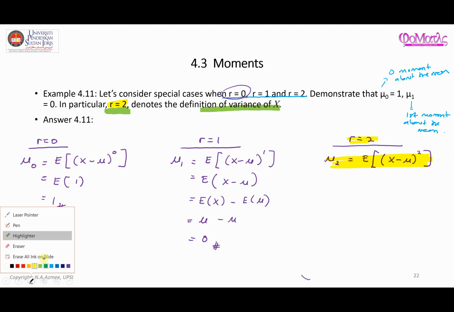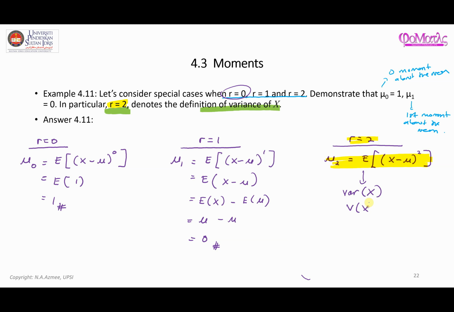We will look at that later on, so don't worry about it right now. This is the formula for finding the variance of x, or Vx, the usual symbol that we use to denote the variance of a random variable.